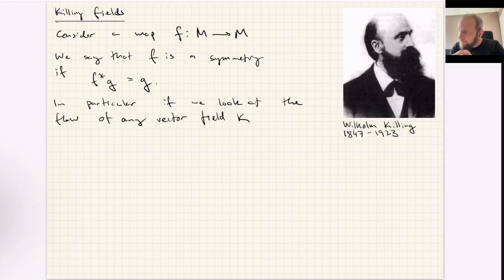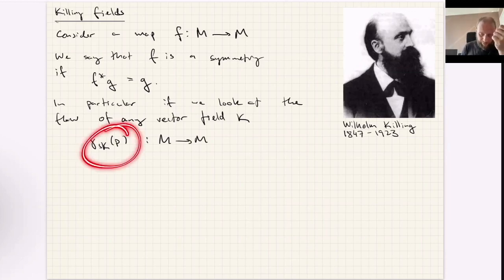Then we know what we defined here last time, that this mapping is a mapping from M to M. So this was the flow of K for some given curve parameter S. So this is a mapping from M to M. So this is a symmetry if what we just defined holds true.